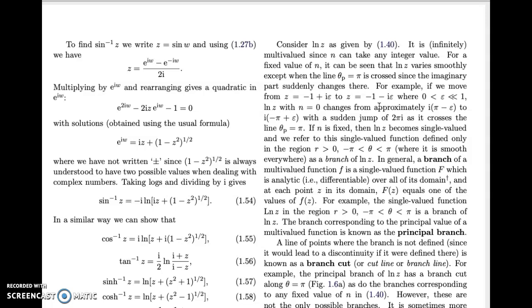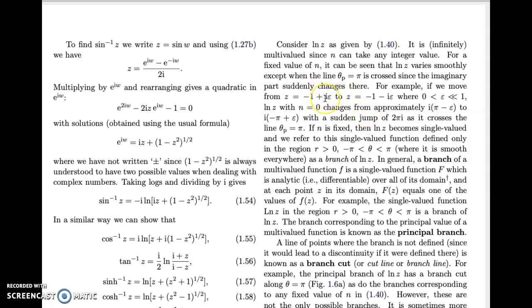then log of z with n equals 0 in our formula will change from approximately, so the modulus is approximately 1, so log of 1 is 0, but then we've got the argument.